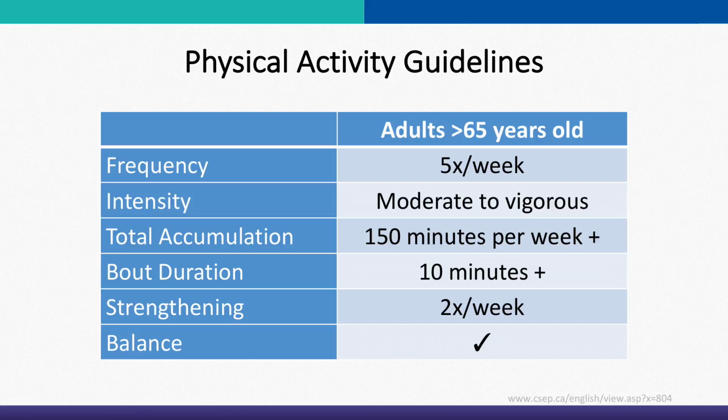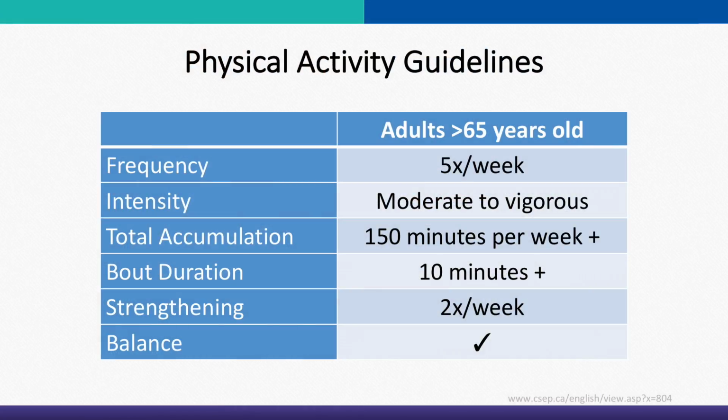The Public Health Agency of Canada recommends the following minimum amount of exercise for adults over the age of 65 in order to obtain the general health and well-being benefits of physical activity. Adults should participate in exercise at least 5 days per week at a moderate to vigorous intensity. The level of exercise that is considered moderate to vigorous differs between people depending on their fitness level and exercise tolerance.